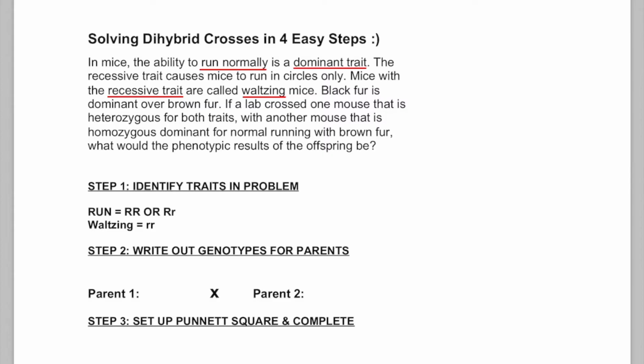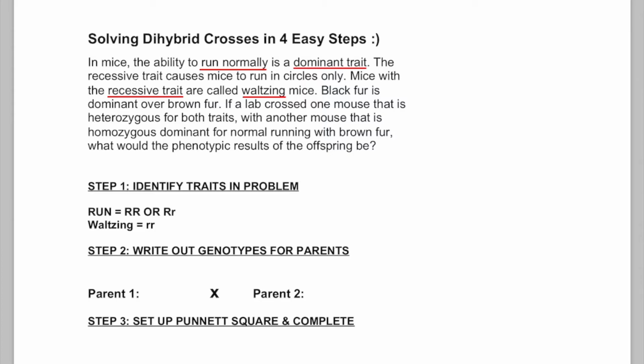Waltzing mice have to have the genotype lowercase r lowercase r, because that is the recessive trait. If you would like to see the results of the mutation for waltzing mouse syndrome, be sure to click the link in the slide.